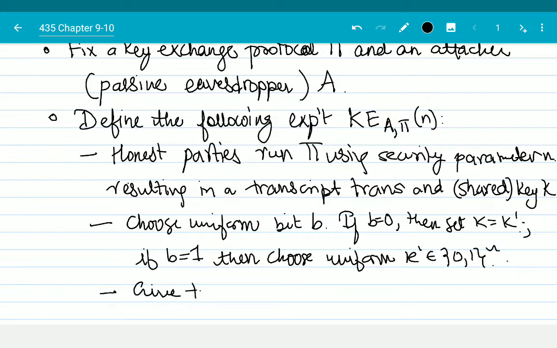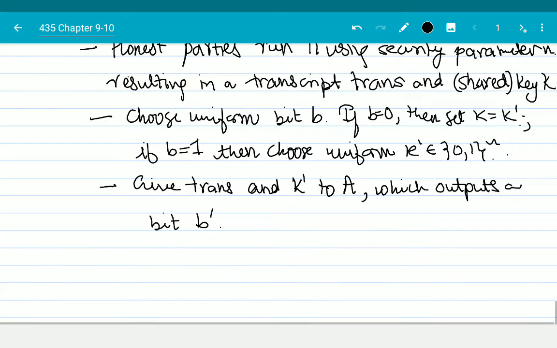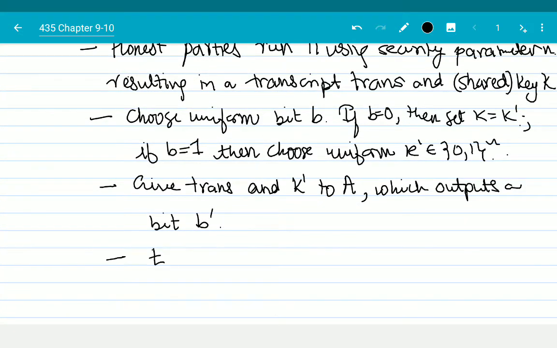Give trans and k prime to A, which outputs a bit b prime. And we say the experiment evaluates to 1.